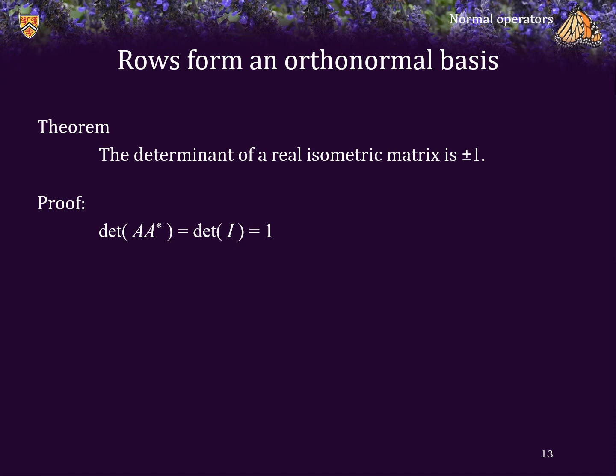Well, A times the adjoint of A is equal to the identity, and the determinant of the identity is 1. However, the determinant of a product of operators is equal to the product of the determinants, and the determinant of the adjoint of a matrix is equal to the determinant of the matrix.